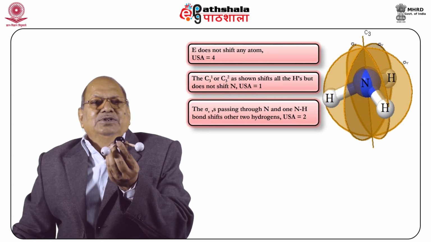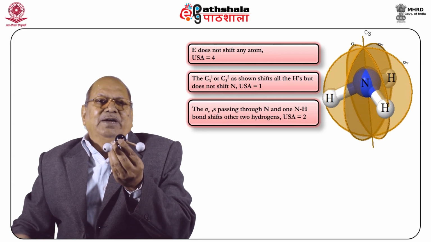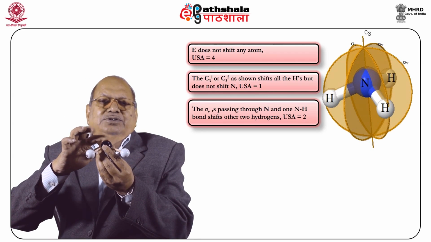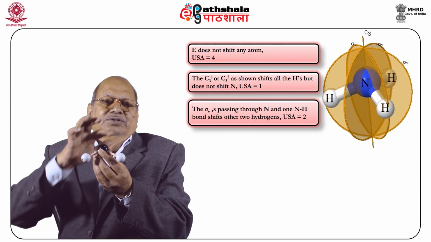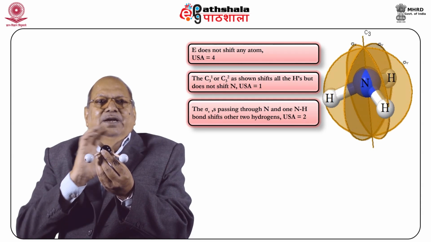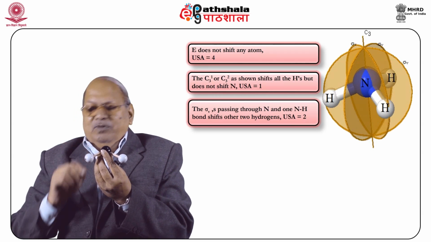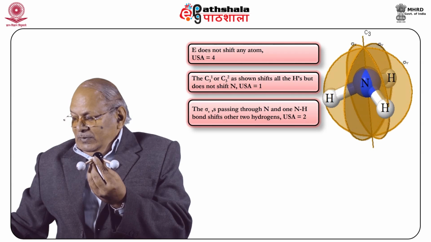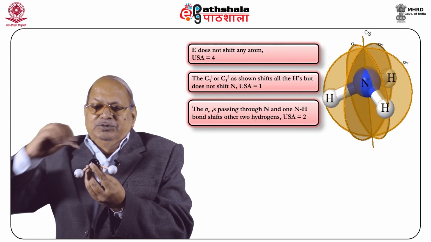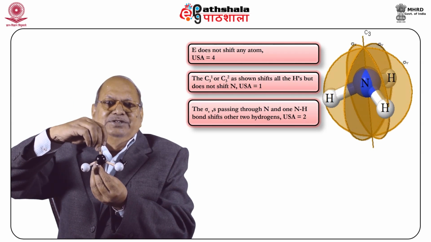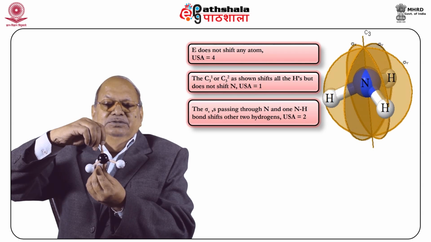How many atoms are in this molecule? I have 4 atoms: nitrogen, hydrogen, hydrogen and hydrogen. And I have to see how many atoms are shifted. Let us perform C3 operation around this axis, like this.